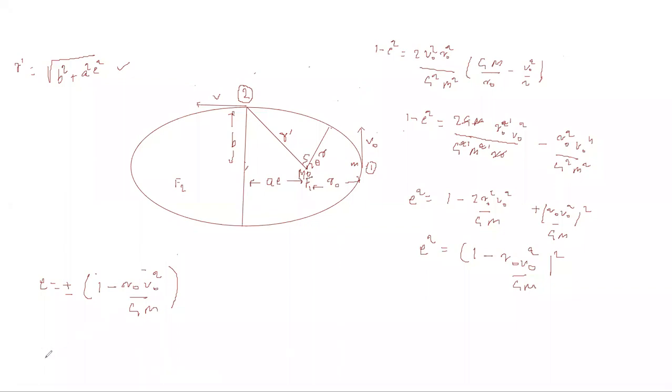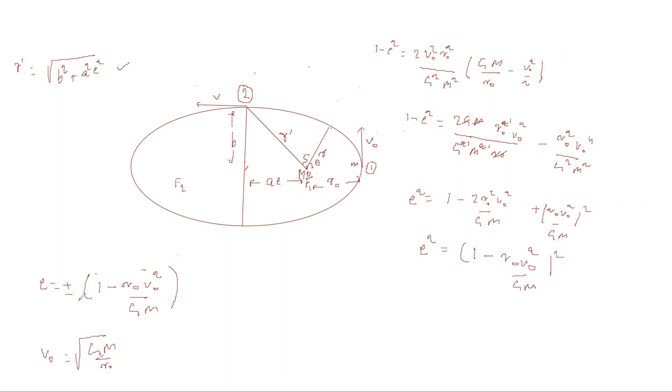If we assume that V naught is equal to under root of GM over R naught, then this is nothing but the orbital velocity of a satellite in a circular orbit. So the eccentricity would be 0. That's okay, because if we put V naught equal to under root of GM over R naught over here, this thing will become equal to 1, and 1 minus 1 would be 0, so eccentricity is 0.